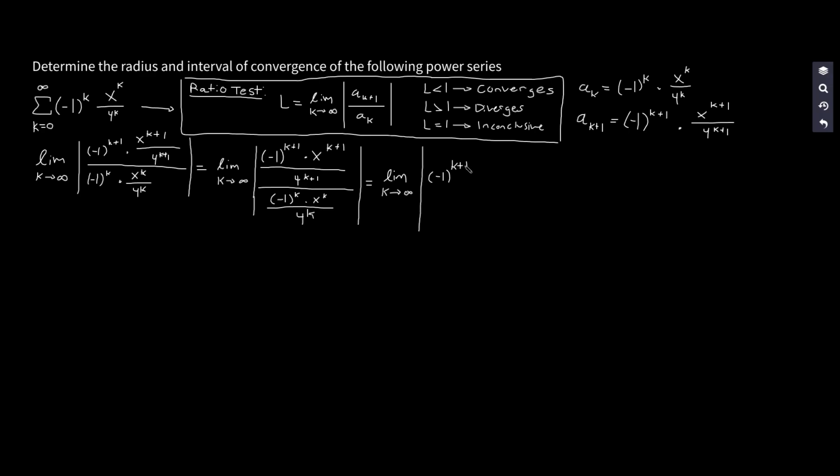So this is going to be -1 raised to the power of k plus 1 times x raised to the power of k plus 1 over 4 raised to the power of k plus 1 times the reciprocal of what's in the denominator: 4 raised to the power of k over -1 raised to the power of k times x raised to the power of k.